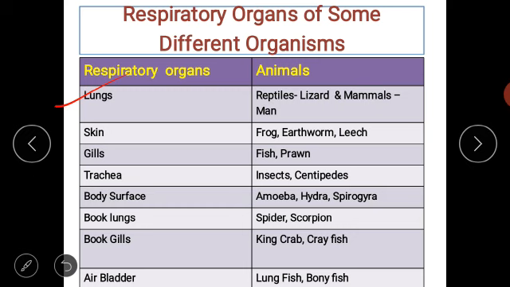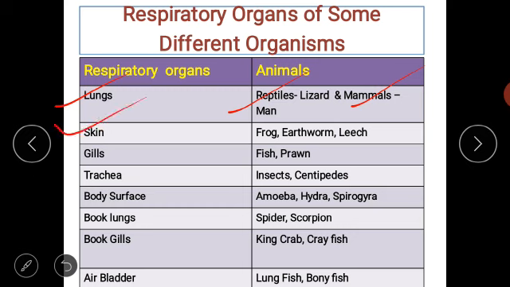Examples of animals having lungs are reptiles, such as lizard, snake, turtle, and all mammals. One example I have given here is man, but all other mammals also have lungs as a respiratory organ.